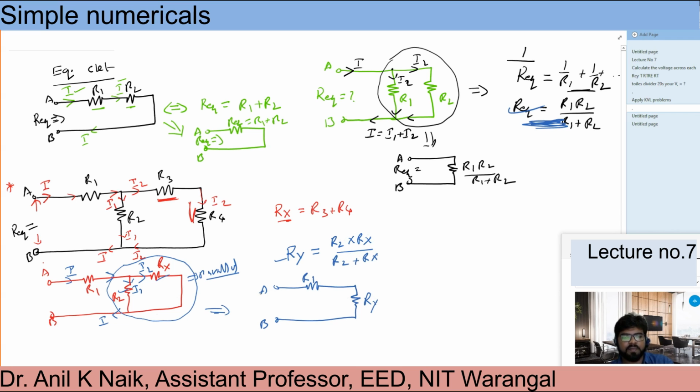Now again assume the current direction from A to B. So this is my current I, going like this. The same current is flowing through the R1 and Ry elements here, so both I can take as series elements. I can add both resistance values here, and R equivalent, sorry, this is not the inductance.